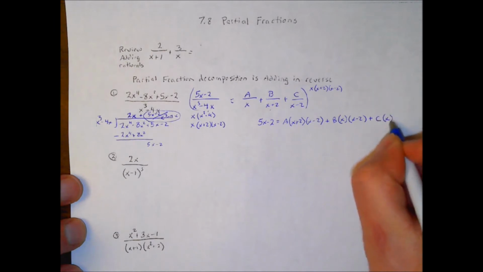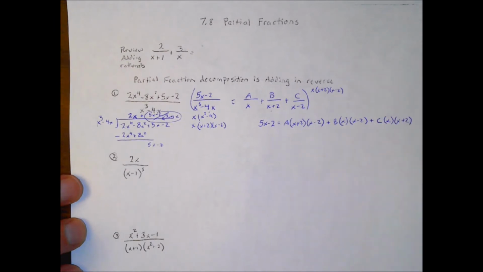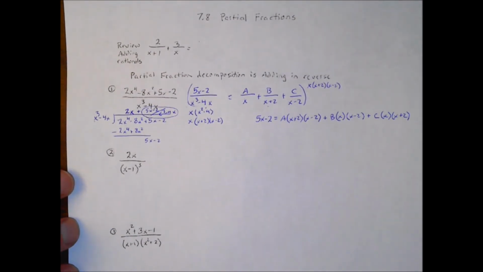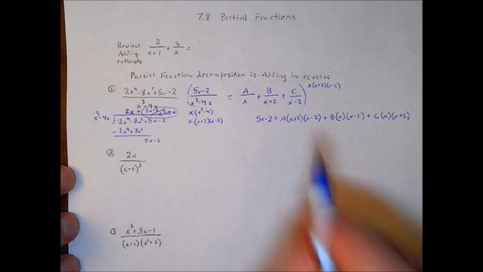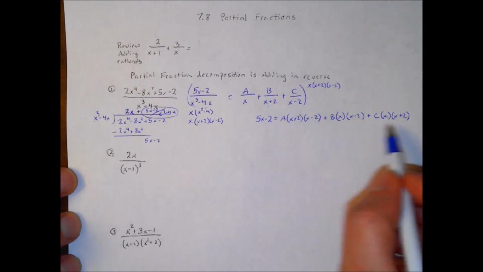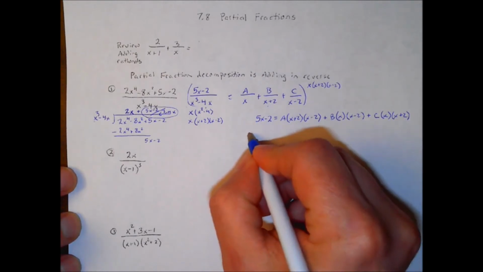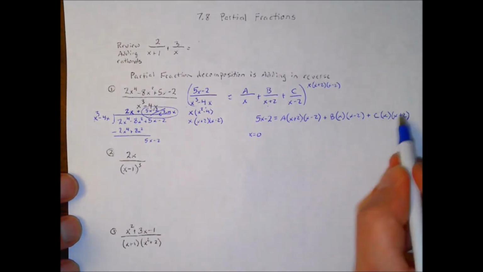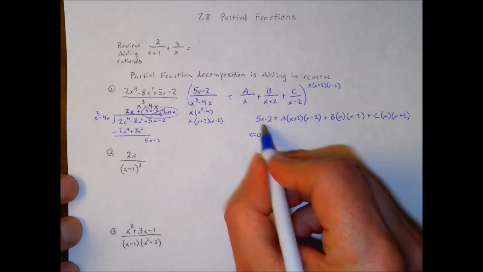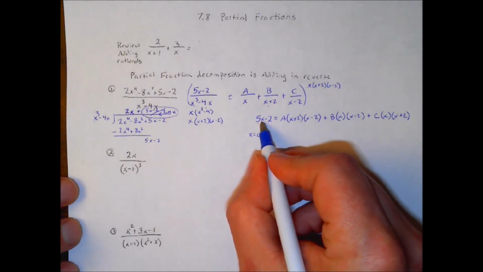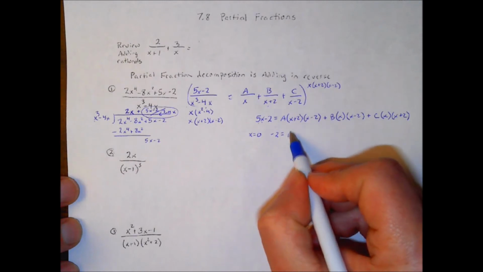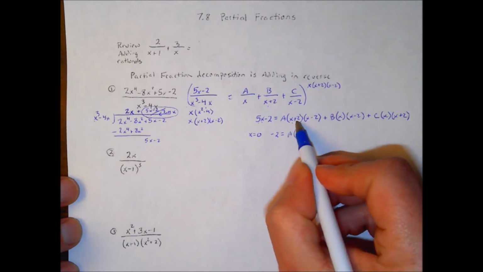So now I have an equation to solve here. Let's try and eliminate some of the variables. Let's say x equals 0, and I chose 0 because that will eliminate this term and this term. So if I plug 0 in here, 5 times 0 is 0, and so I have negative 2 equals a, and 0 plus 2 is 2, 0 minus 2 is negative 2, so I have negative 4.